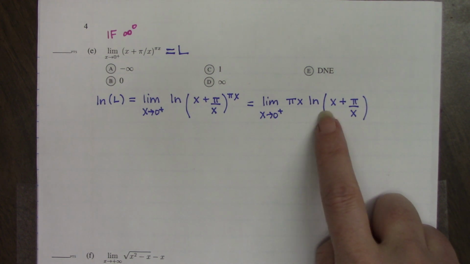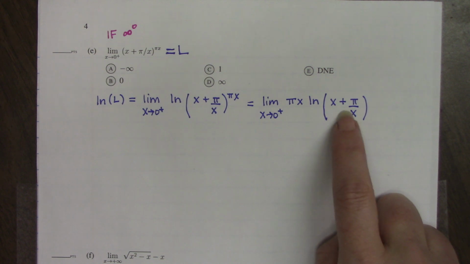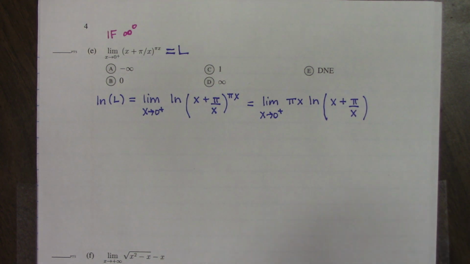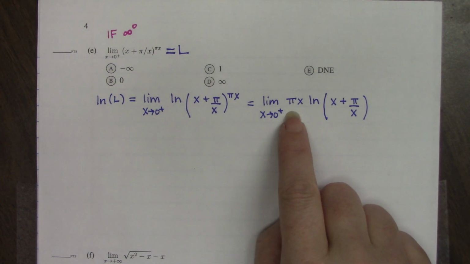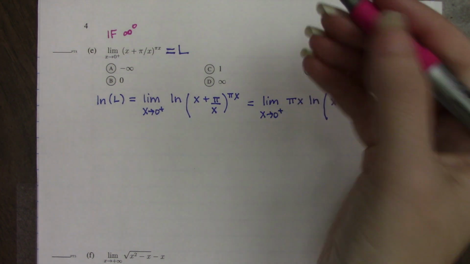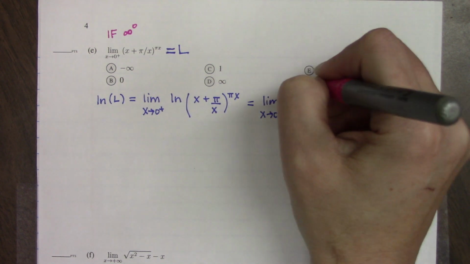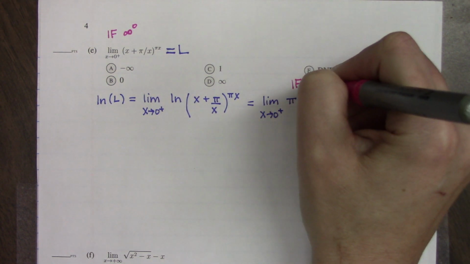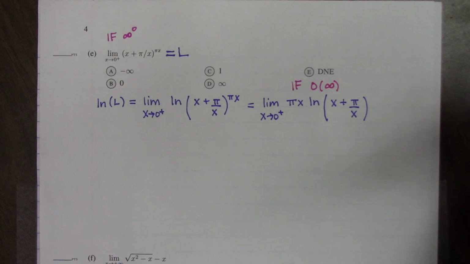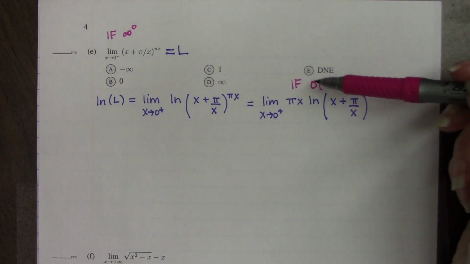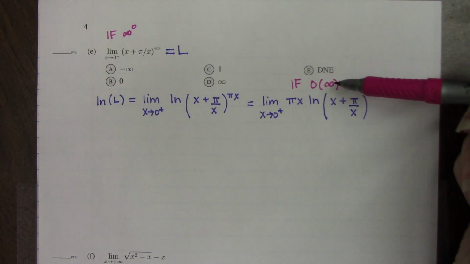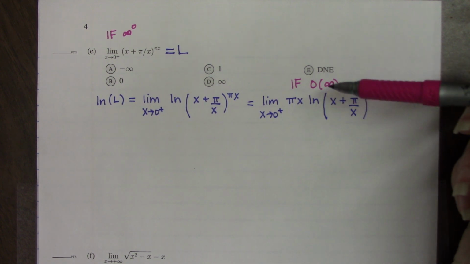So the natural log of positive infinity, if we know what the graph of natural log looks like, as x approaches infinity, the natural log also approaches infinity. We're still getting 0 times pi, which is 0. So this is an indeterminate form of 0 times infinity. This is called an indeterminate product, meaning we cannot determine the result in this form.